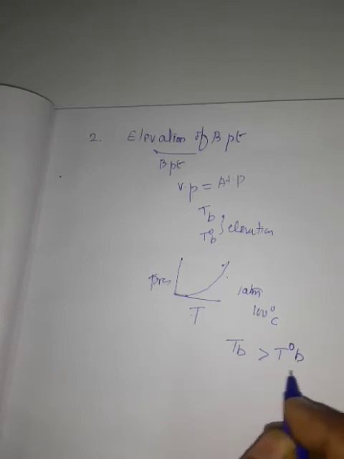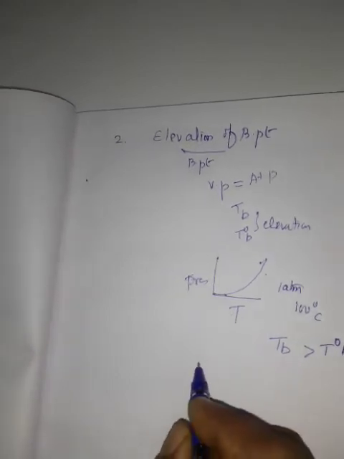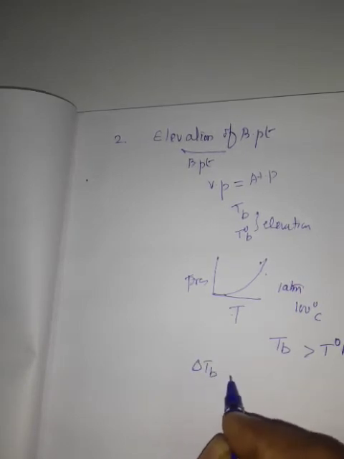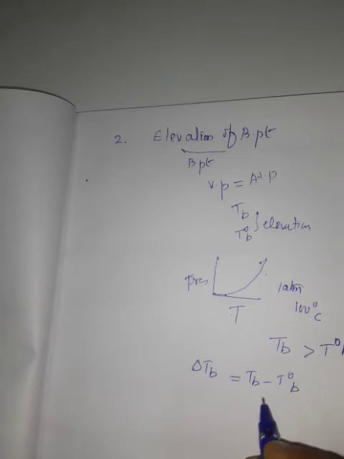The difference between these two temperatures gives the elevation of boiling point, that is delta TB equal to TB minus T0B.